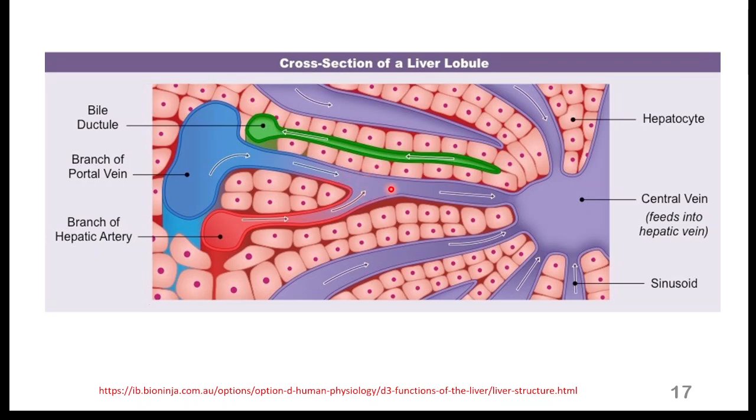So the part of the hepatocyte adjacent to the sinusoid, the branch of the portal vein, is called the sinusoidal membrane of the hepatocyte, whereas the other side that's adjacent to the bile duct is called the canalicular membrane of the hepatocyte.